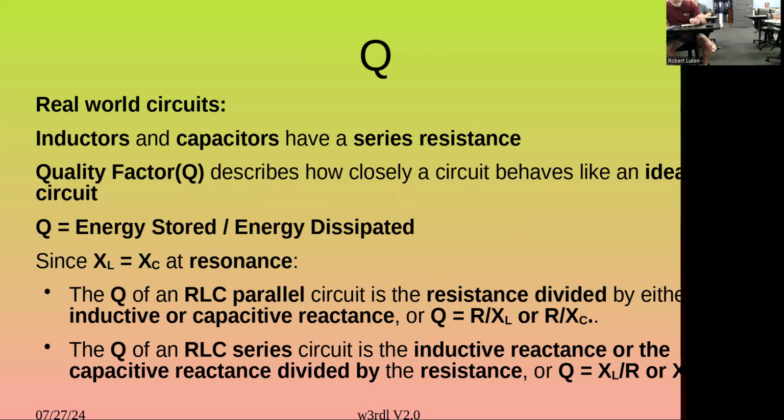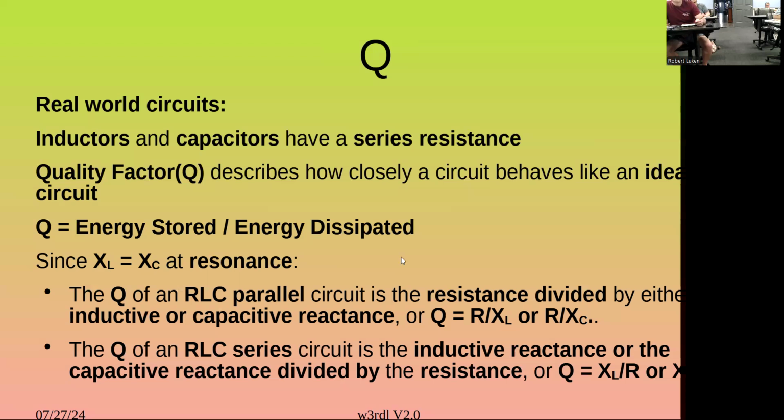There are several definitions of Q. One is the ratio of the energy stored divided by the energy dissipated. If you had no resistance in the circuit, you're not going to dissipate any power, so Q is going to be the energy stored divided by 0, or infinite.